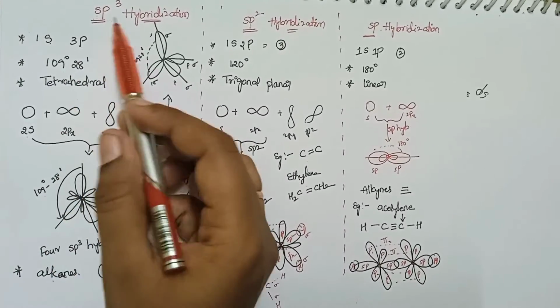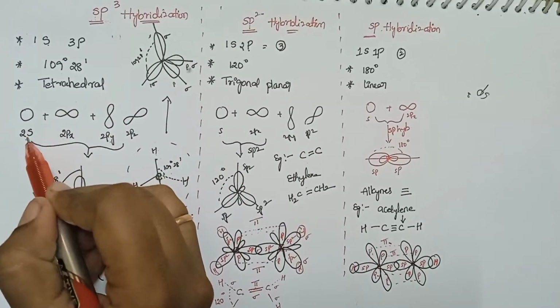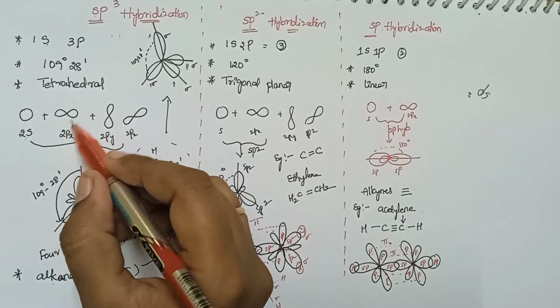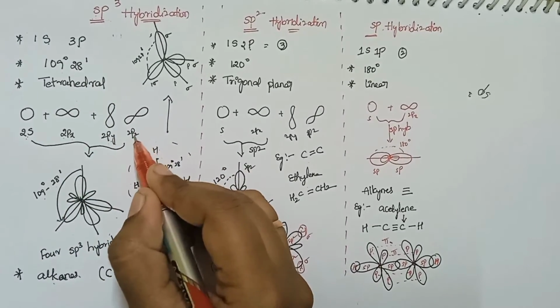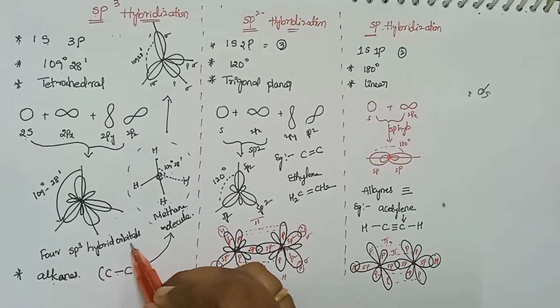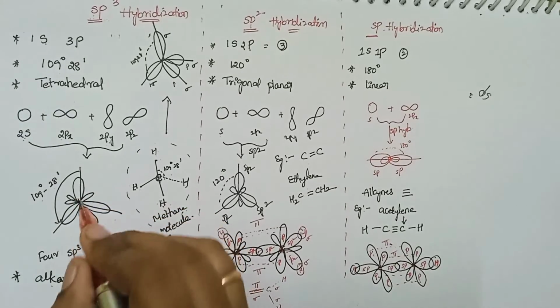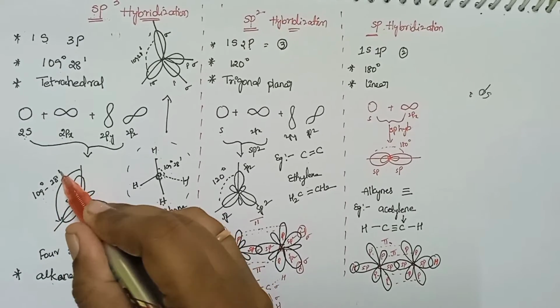The structure of sp3 hybridization is tetrahedral. One s orbital and 3 p orbitals, 2px, 2py, 2pz, form 4 sp3 hybrid orbitals.